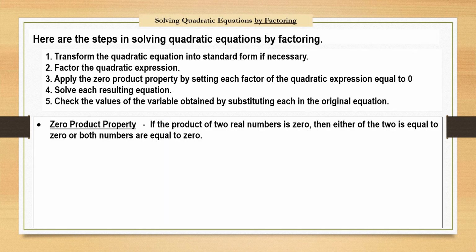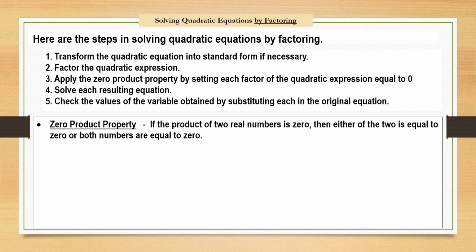Now that you have recalled the different factoring techniques, you are now ready to solve quadratic equations by factoring. Here are the steps in solving quadratic equations by factoring. Step 1. Transform the quadratic equation into standard form if necessary. Step 2.